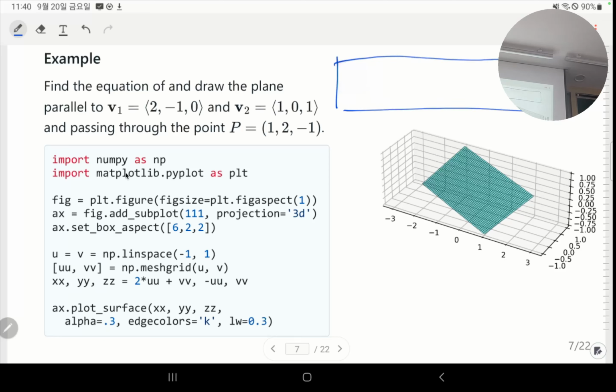Finding the equation does not automatically give you a way to draw the graph, so the way I draw the graph is a little bit different. Let's try to find the equation of the form x plus z plus something equals 0. Find out what values go here, and then we'll discuss the code.